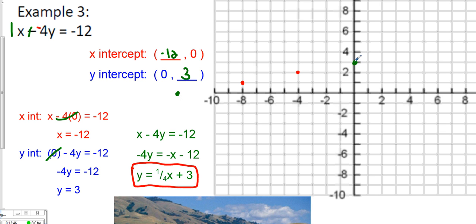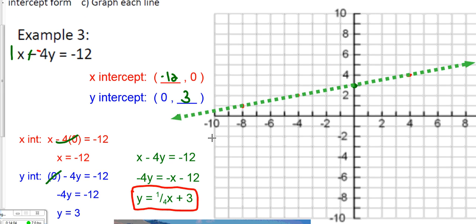Up 1 over 4 puts us right here, where we should hit. Up 1 over 4. So it looks like our two dots here fit in with our slope, and our full equation, actually. And now we just plot out our line. And there we have it. So we have our two intercepts, slope-intercept form, and we've graphed the line.